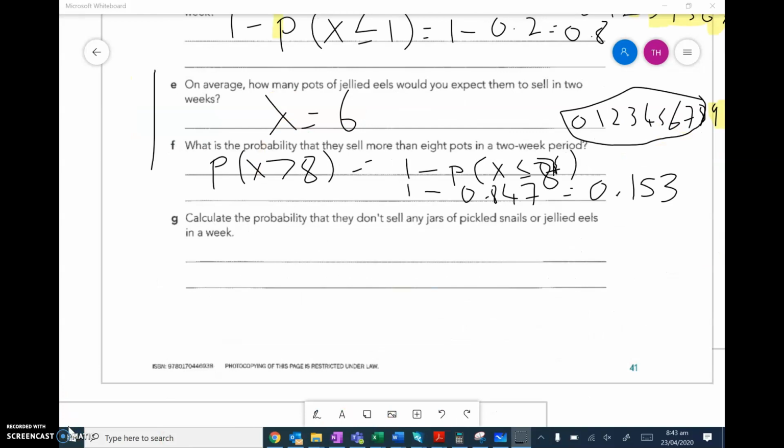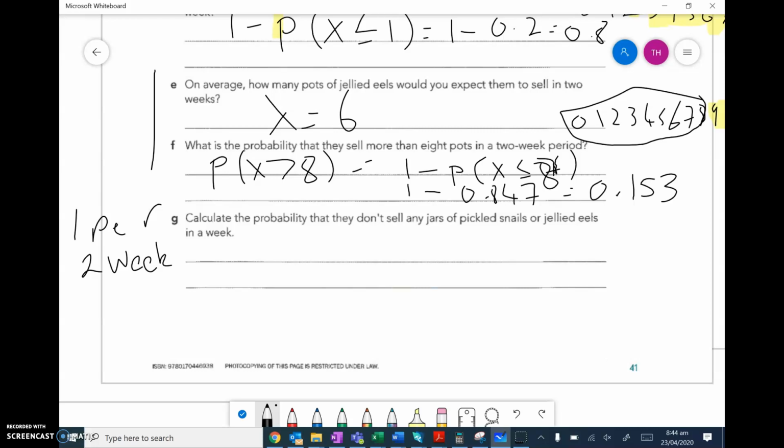Okay, the last question, calculate the probability they don't sell any jars of pickled snails or jellied eels in a week. This relates to the last question. I don't have that on my whiteboard, but in the last question it said they sold 1 jar of pickled snails for every 2 weeks. Now this is talking about weeks.